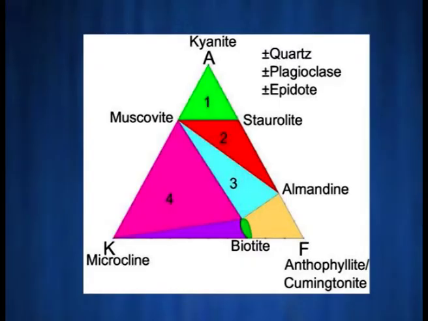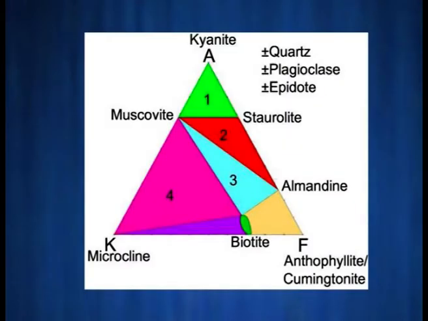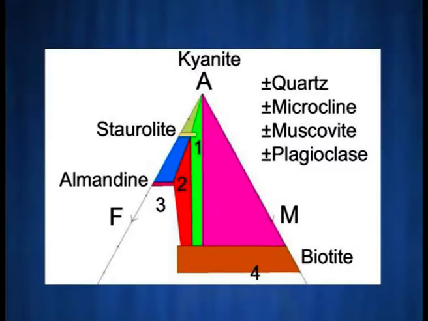The sixth assemblage is almandine, biotite, muscovite, plus minus microcline, plus minus plagioclase, plus minus quartz, also known as almandine, biotite schist. Seventh is biotite, muscovite, microcline, plagioclase, quartz, also known as biotite schist. Eighth is muscovite, almandine, biotite, epidote, plagioclase, quartz, also known as muscovite, biotite, garnet schist.